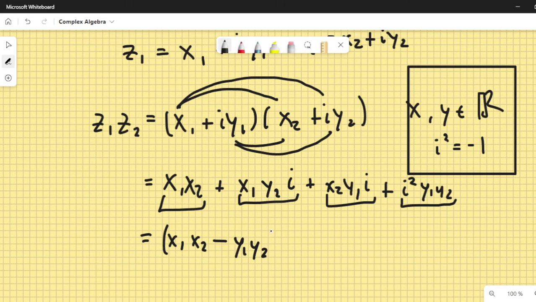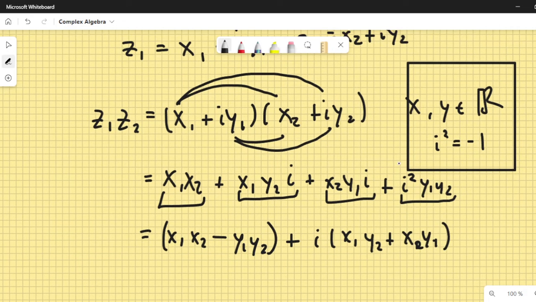You can put this in parentheses as the real part, plus i times, factoring out the imaginary unit, what is left inside: x1 y2 plus x2 y1.